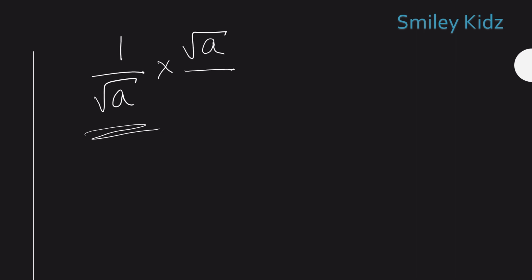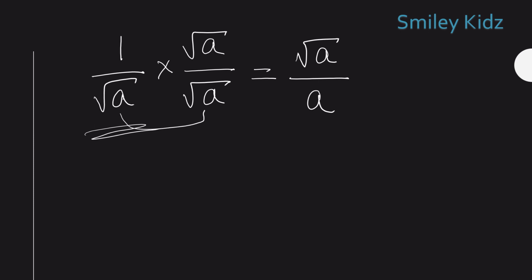And to rationalize the denominator, suppose we have 1 by root a. To rationalize this, we need to multiply with root a on the numerator as well as the denominator. So, our answer will be square root of a divided by, when we multiply this both, we get a.